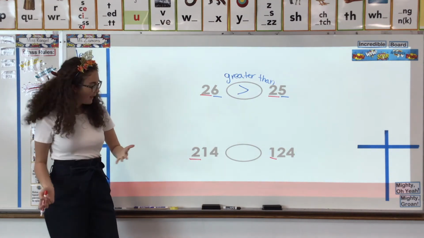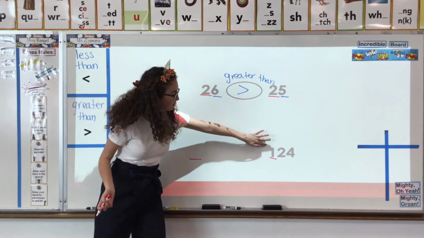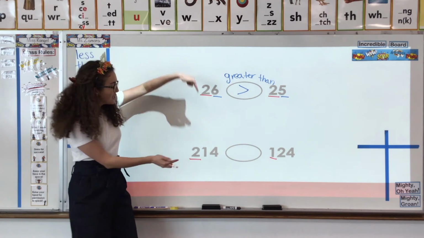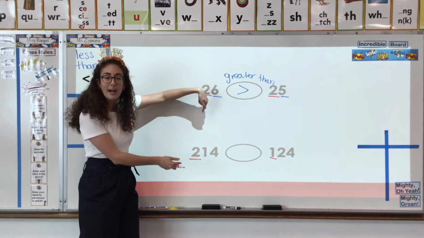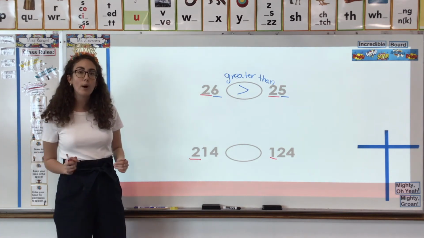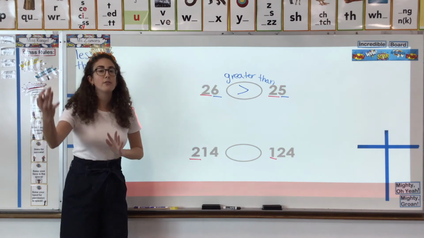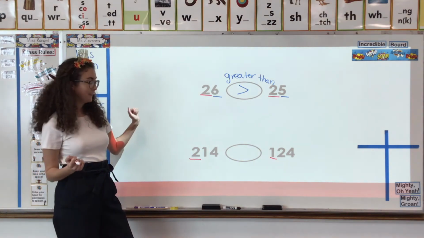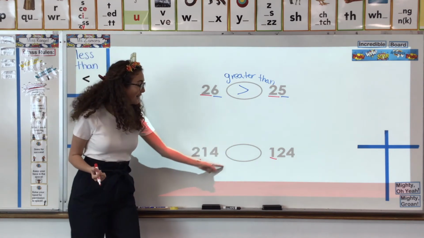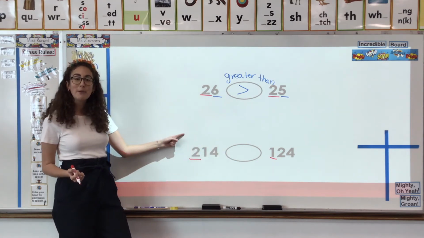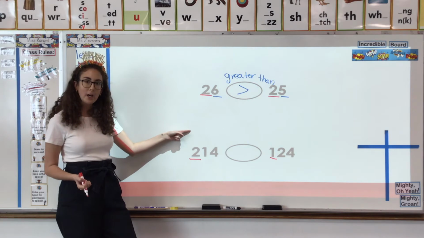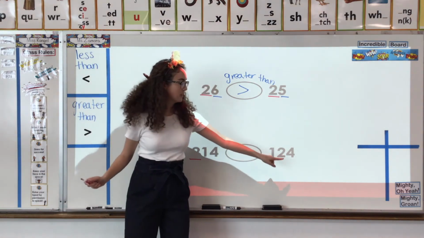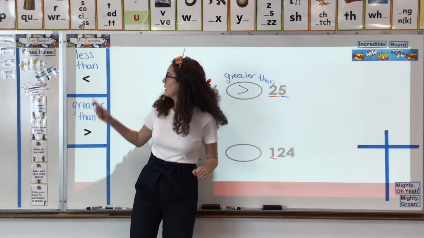So what has more value? 200s or 100? 200s. 200s is bigger than 100. Therefore, that tells us, what's the bigger number? 214. 214 is bigger. So then is it less than or greater than 124?